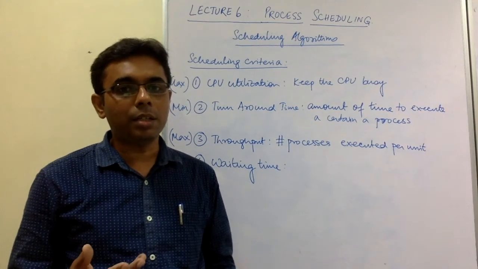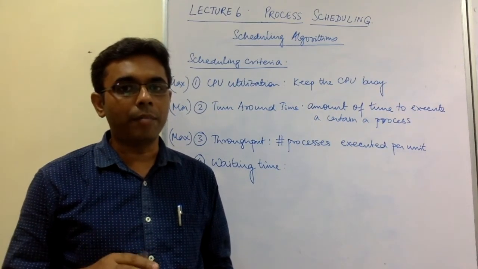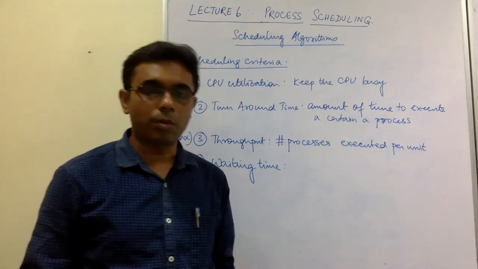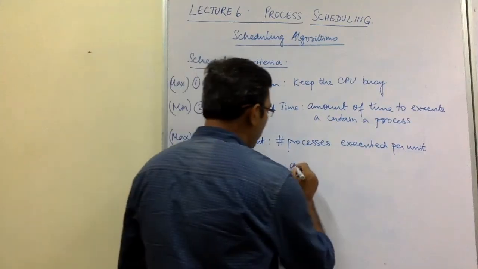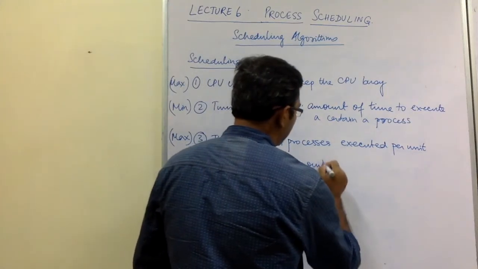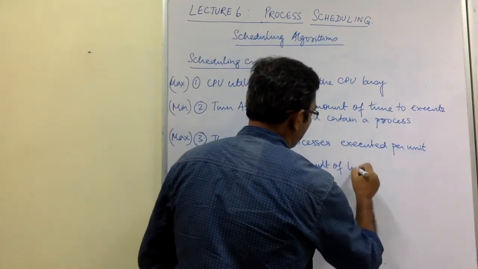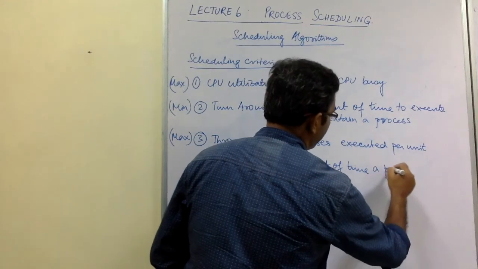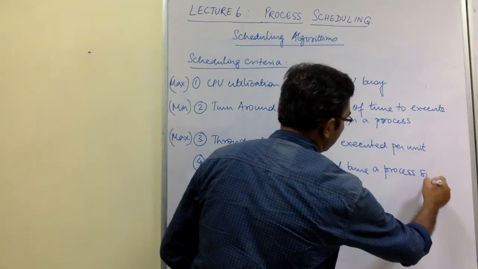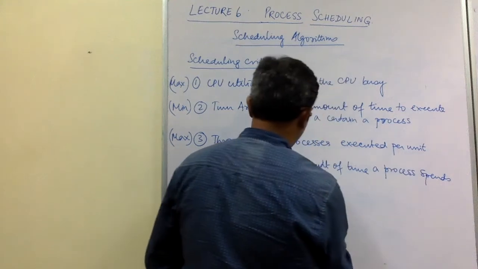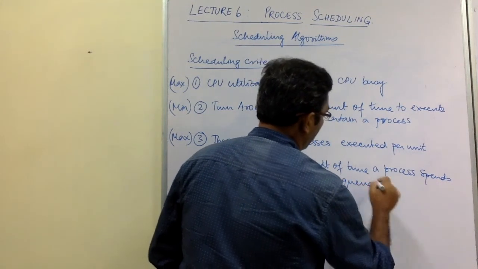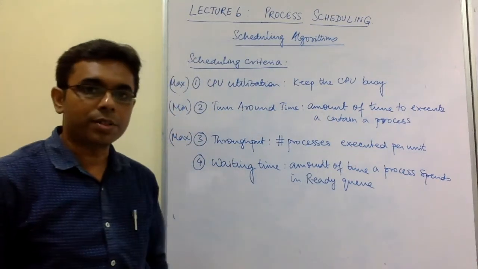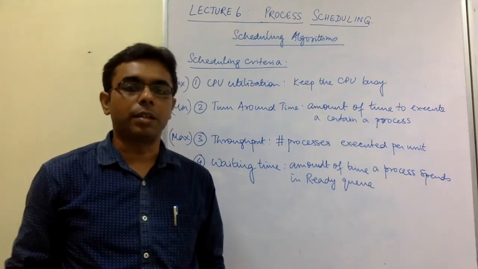So what I'll talk about is the amount of time that the process spends in the ready queue. So when I say wait time, I actually mean the amount of time a process spends in the ready queue. Now there can be a lot of such waiting bursts during its entire life cycle.